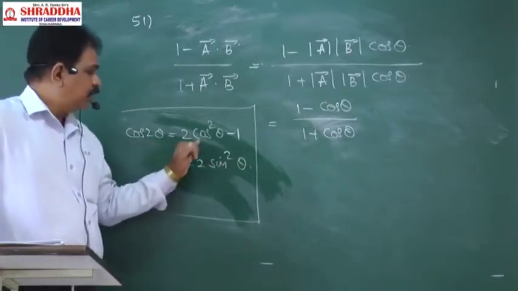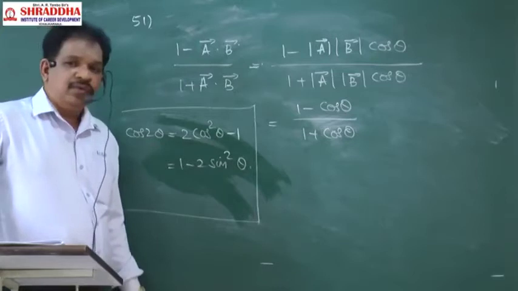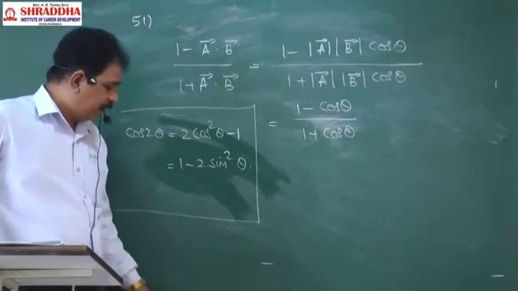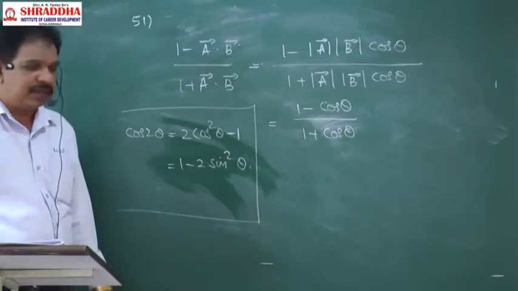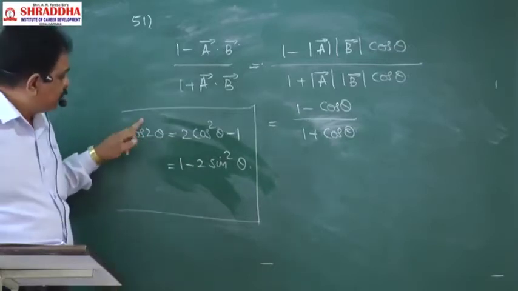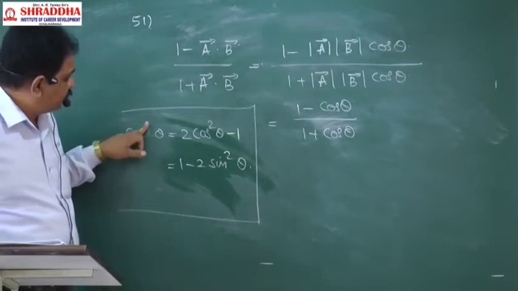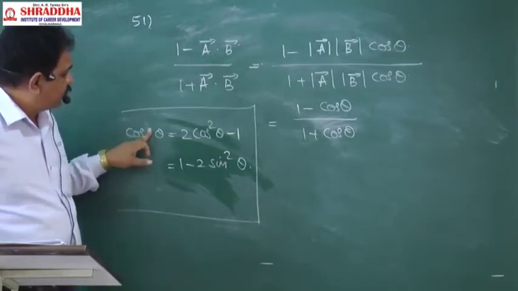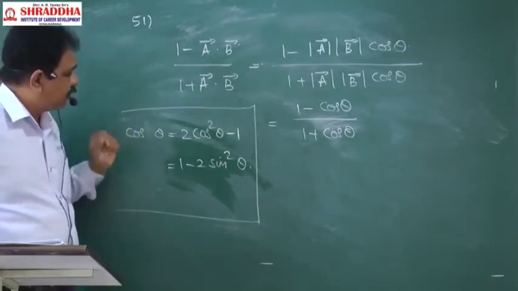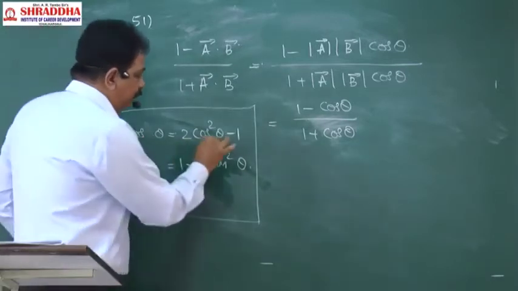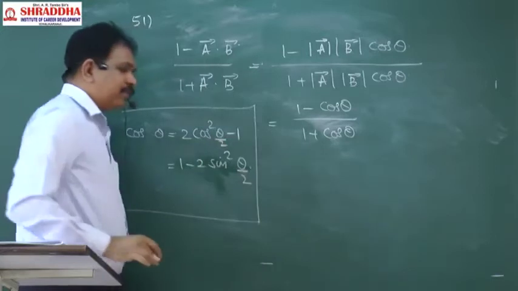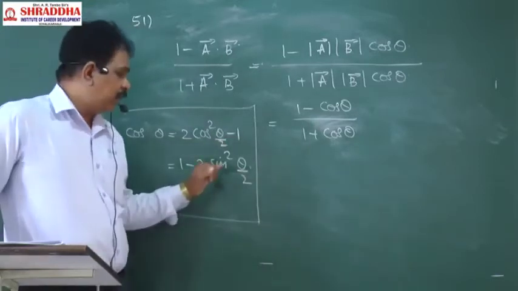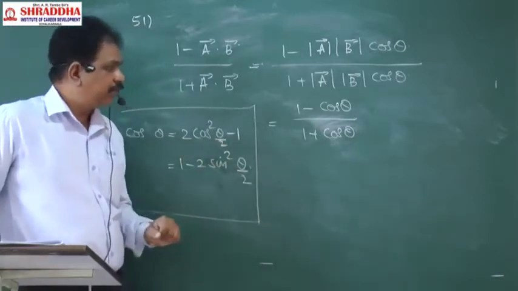Cos 2 theta formula will be 2 cos square theta minus 1, or 1 minus 2 sin square theta. Here, if I write it for cos theta instead of cos 2 theta, it will be 2 cos square theta by 2 minus 1, or 1 minus 2 sin square theta by 2.